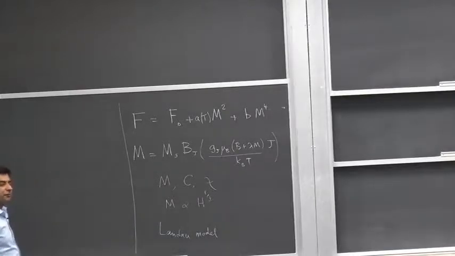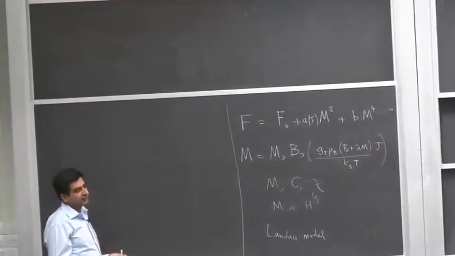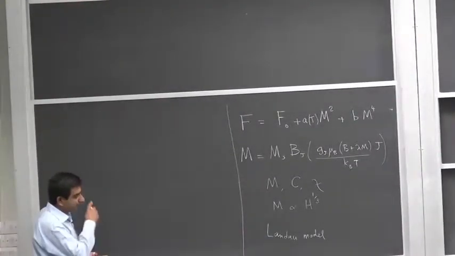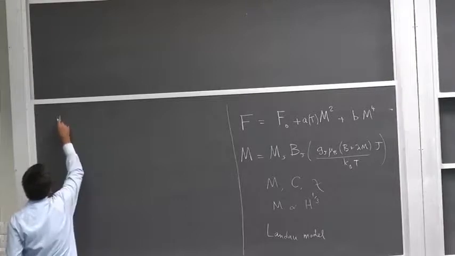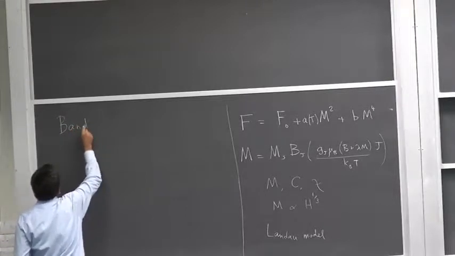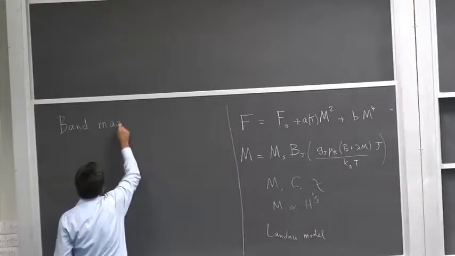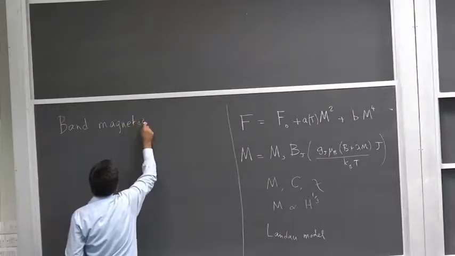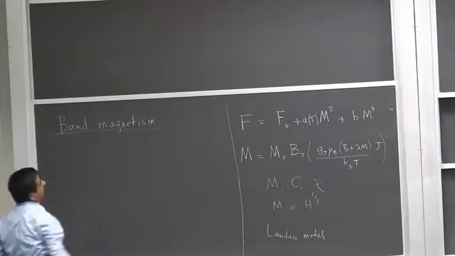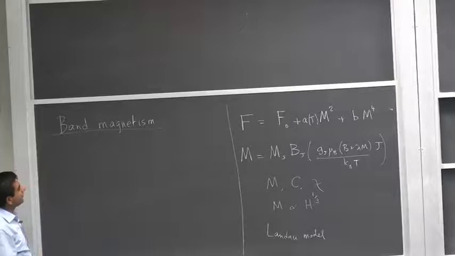Now we would like to introduce more complicated models to describe ferromagnetism. And something that we have overlooked so far in the course is the concept of band magnetism. The concept of band magnetism is crucial to an understanding of magnetism.